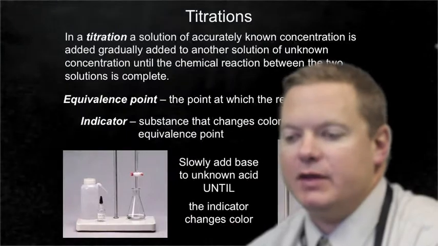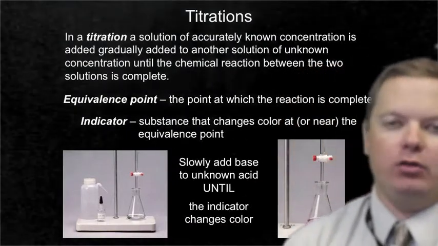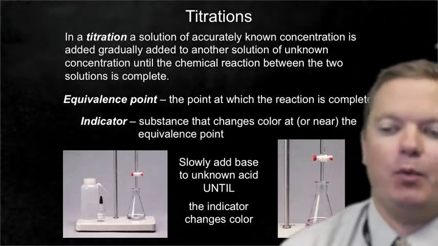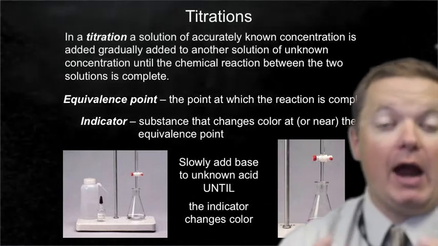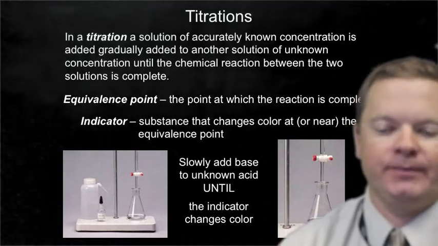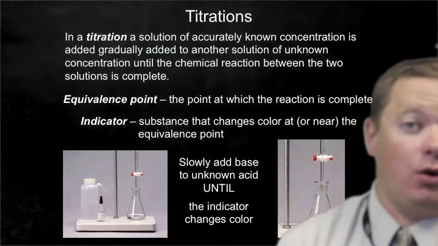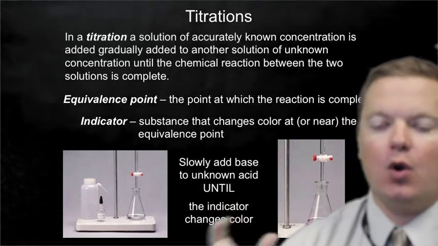We can then add this to our idea of stoichiometry by doing this reaction as a step, and we call that a titration. So in a titration, a solution where we accurately know the concentration is gradually added to another solution where we don't know the concentration, knowing that those two are going to react.